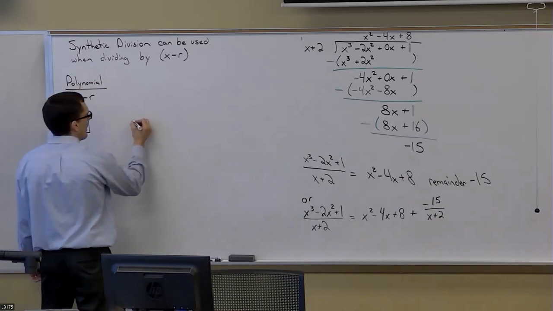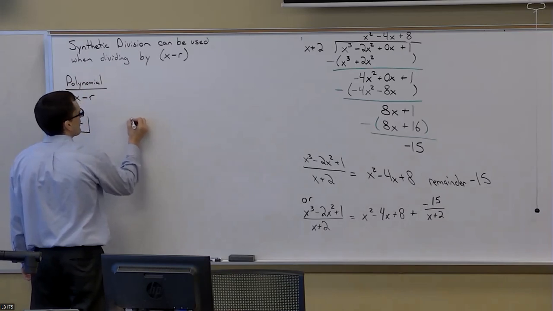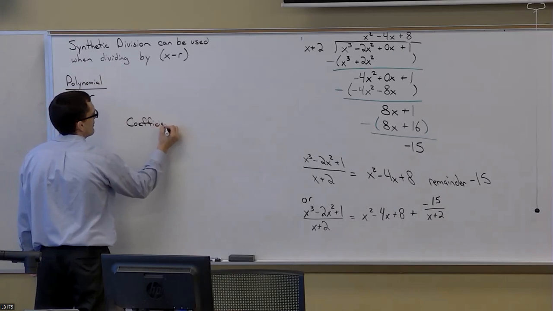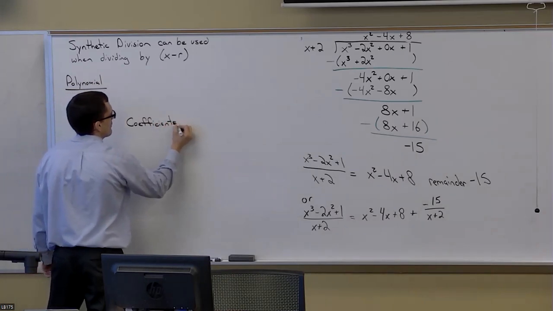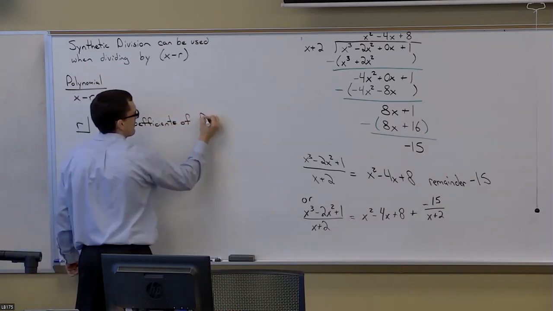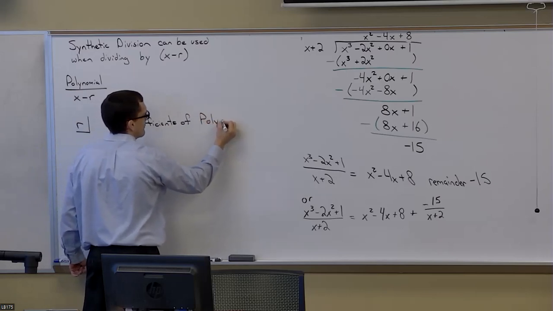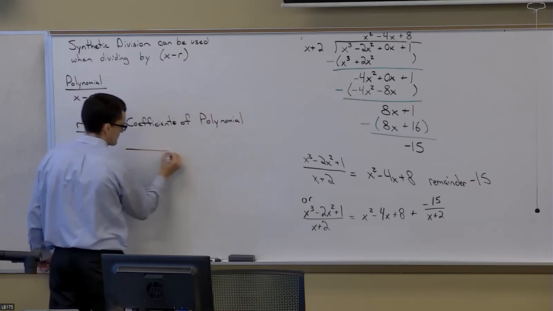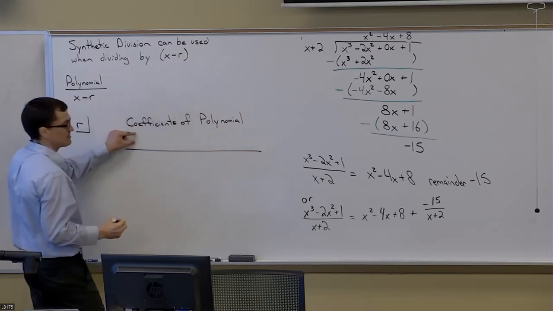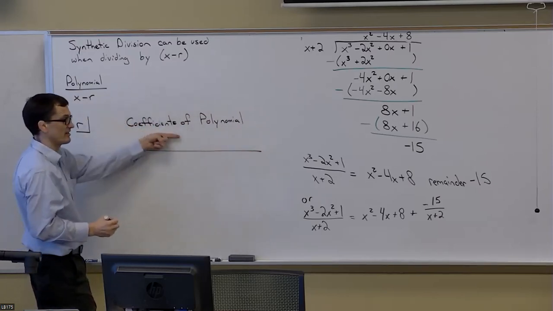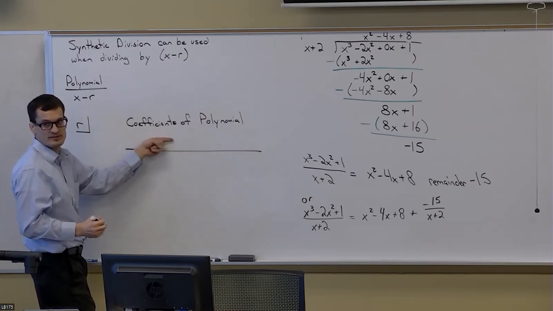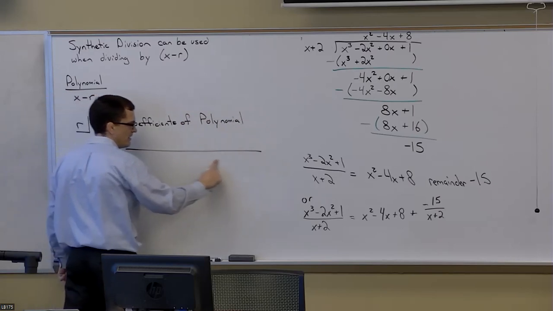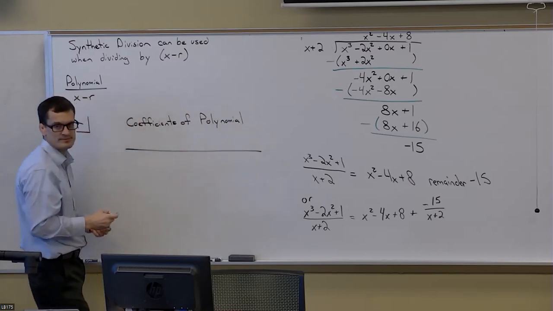And then I'm going to write the coefficients of the polynomial on top. I'm going to create a space in here. All right? And we're going to have something on the bottom.